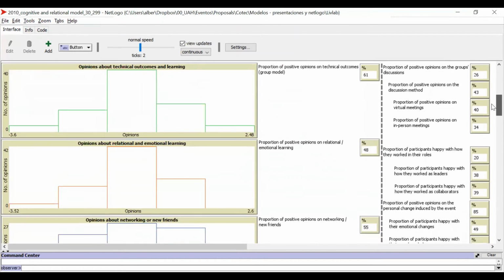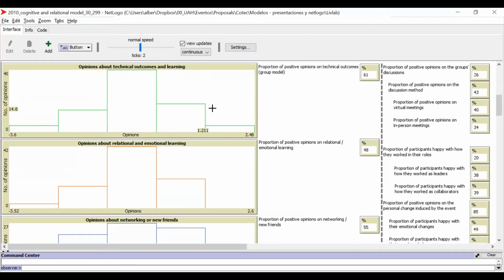Then the simulator can provide you with information, and this is obviously a general introduction. It tells you how the opinions about the event went, what the participants are thinking.